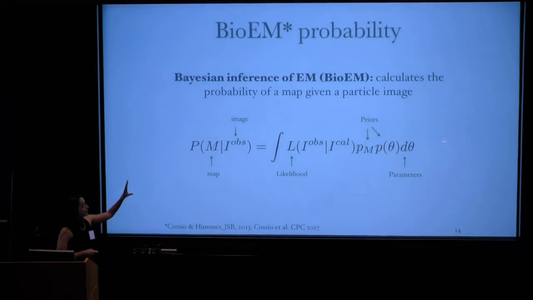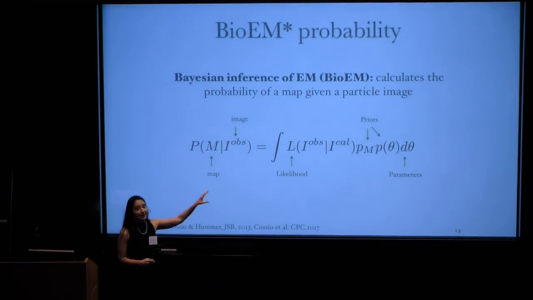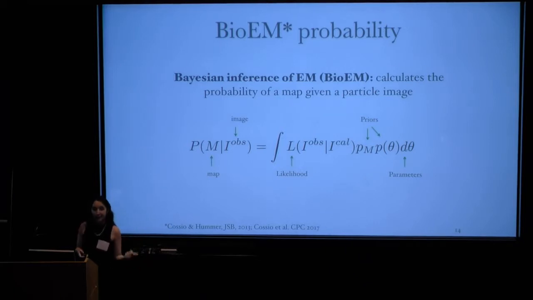So what it does is, your probability is the integral over all nuisance parameters that affect the experiment, the orientations, the defocus, the particle center, of this likelihood function times the prior probabilities of the map and the parameters.